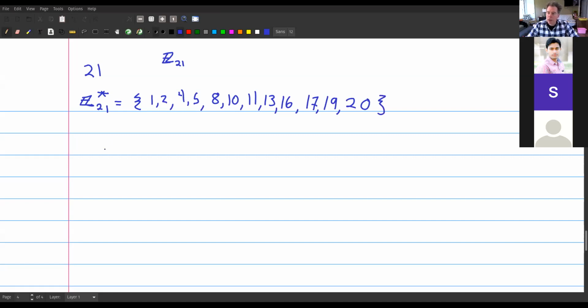So what is the size of this multiplicative group? Here's a hint. We figured this out about 10 minutes ago in a different context. 21 minus 1? No. These numbers have no factors in common with 21. That means their GCD with 21 is 1.